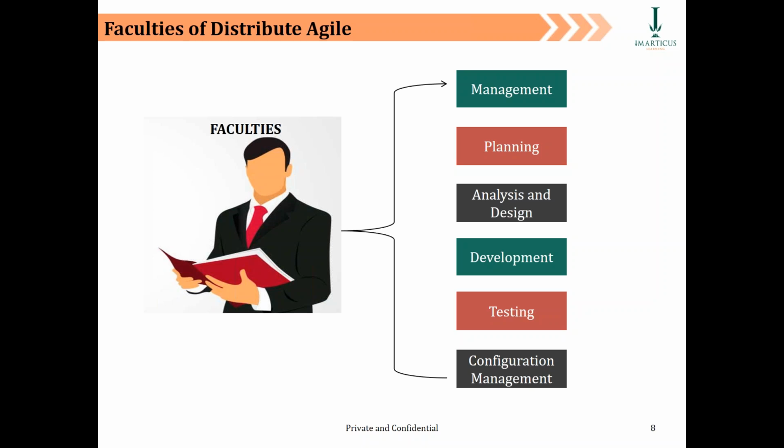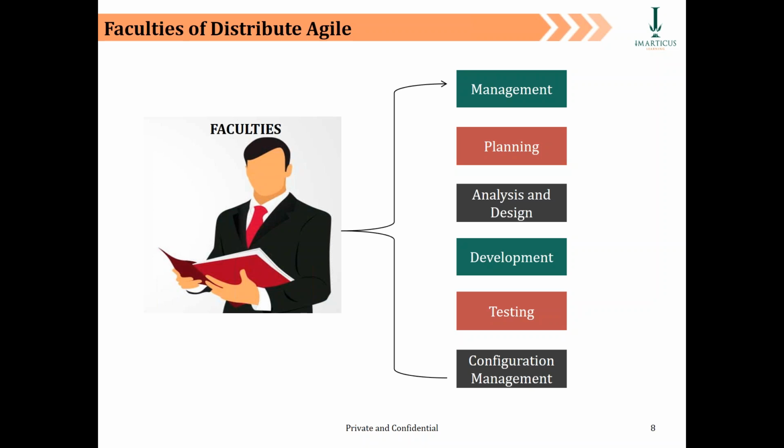Then ensuring that there's the right talent for analysis and design in your team, because they are going to hold that faculty for you. And then there's a suitable development team with respect to programming and coding. There's a robust testing faculty in your team, which is aware and capable of automated testing, manual testing, creating automation scripts for testing, etc.